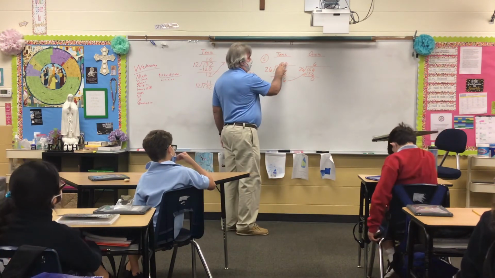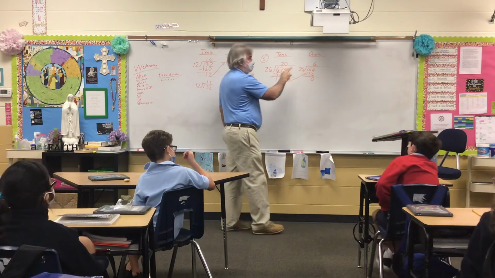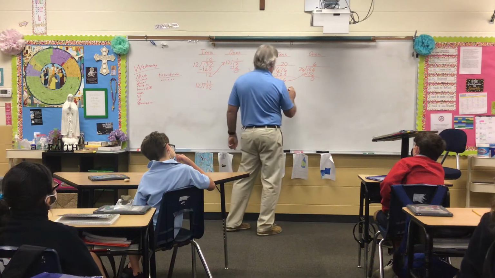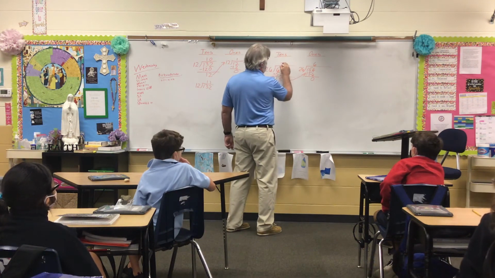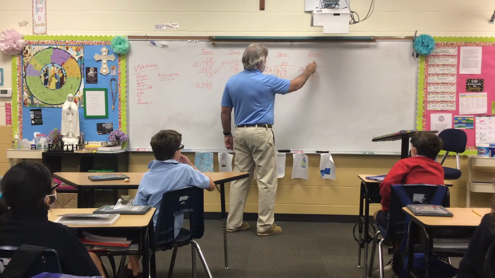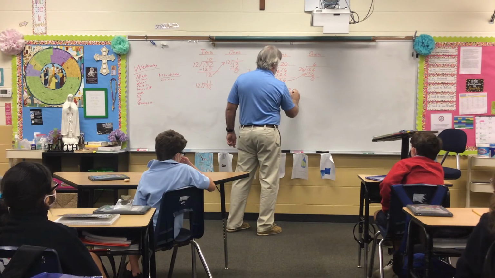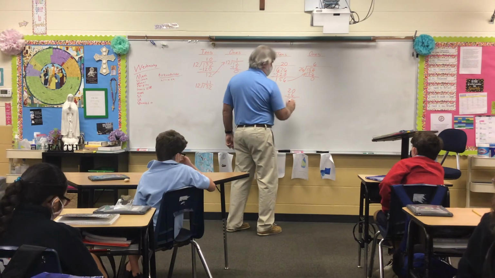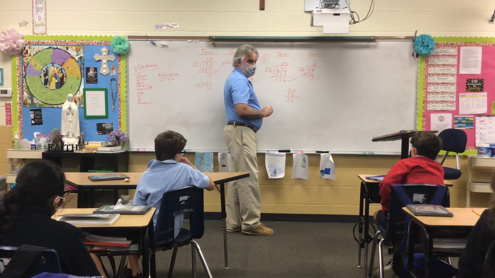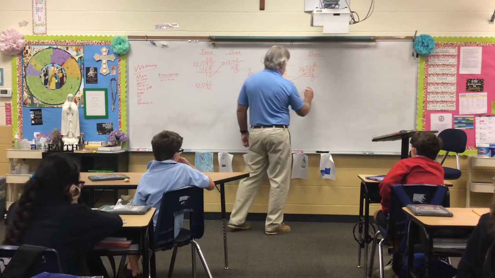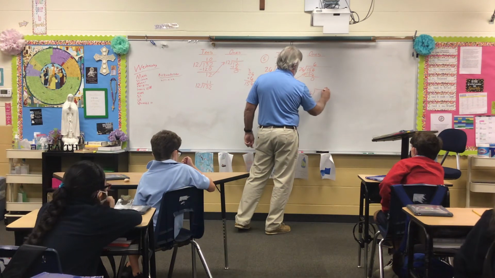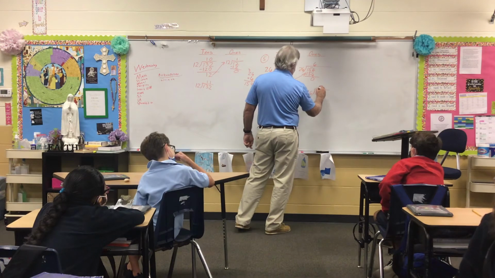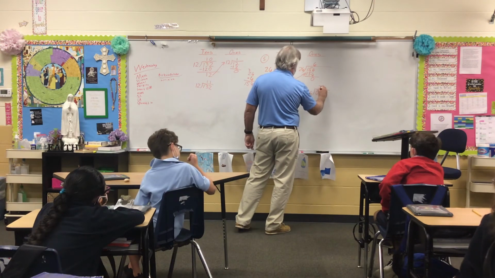Because you're putting together this with this. Okay? So I know that this is the 10s only. This is the 1s. If I put the 1s there, 20 plus 6 is 26. Okay? So now I know that 26 divided into 676 is 26 times.